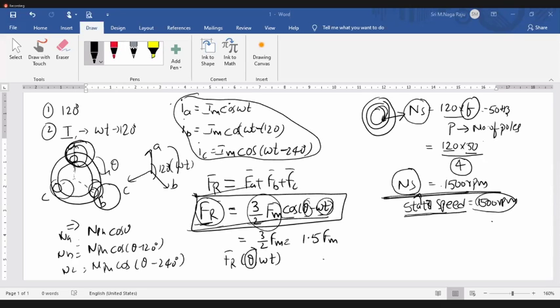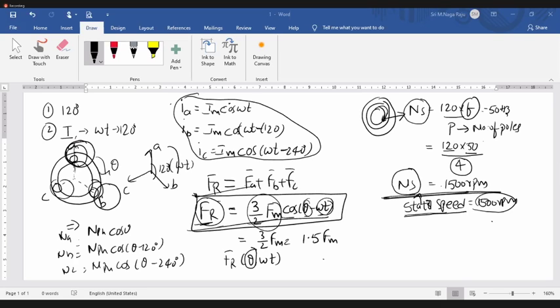Tell me, what is the synchronous speed value? 3600. Yes. Given frequency equals 60 Hz, number of poles is 2, and it runs at 3510. Is this the value of Ns or N?